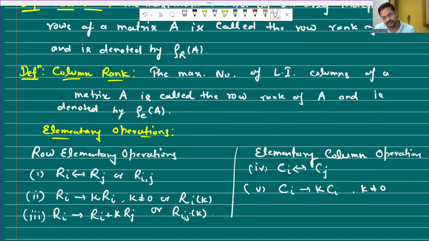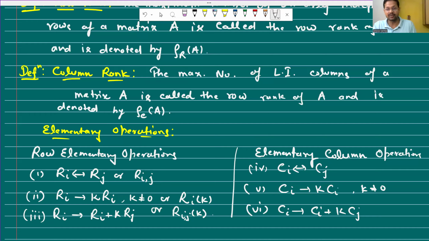Fifth one, and this is the sixth one: the ith column is replaced with Ci plus k times Cj. Clear? So these are elementary row operations and elementary column operations.